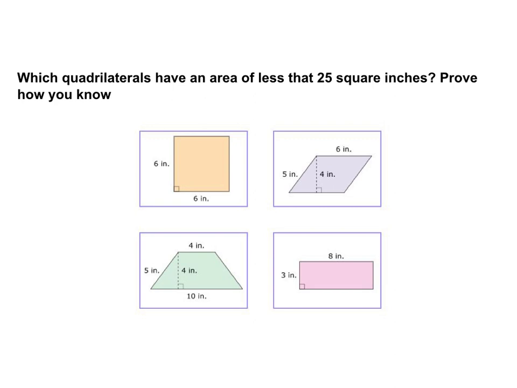Do all 4 of them, circle which ones have an area that's less than 25 square inches. So I'll need you to pause the video right now, do all that work, then unpause the video and check your work with me, okay?